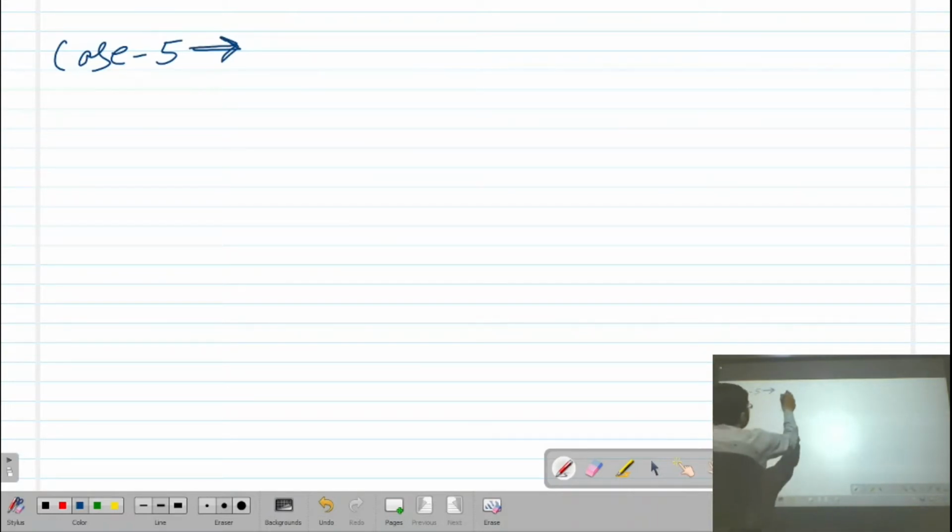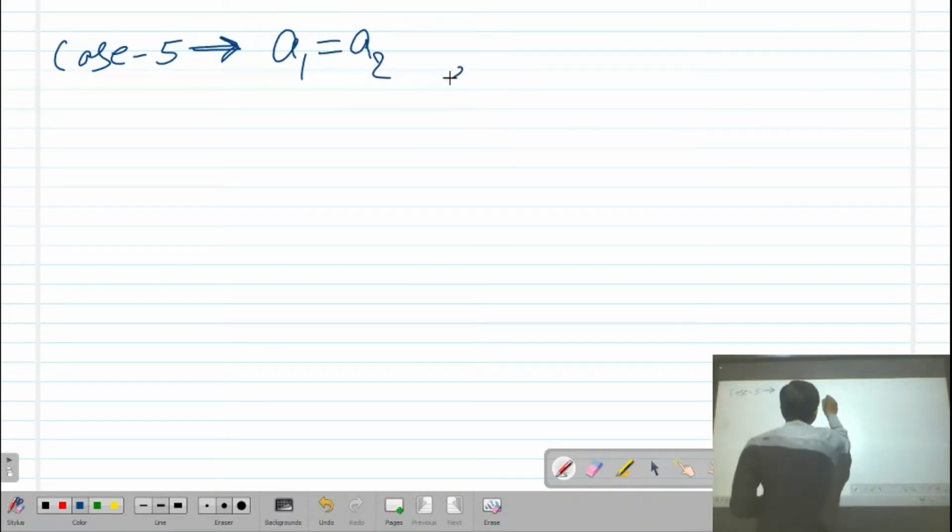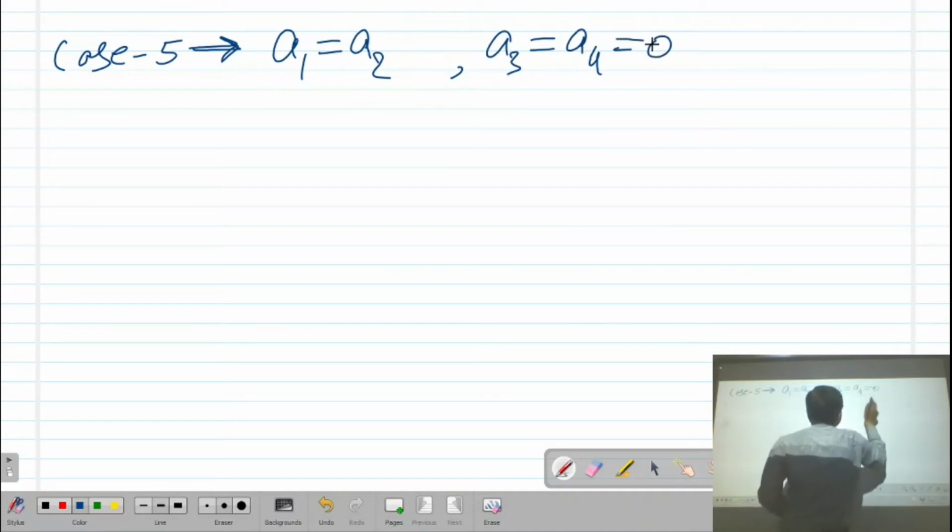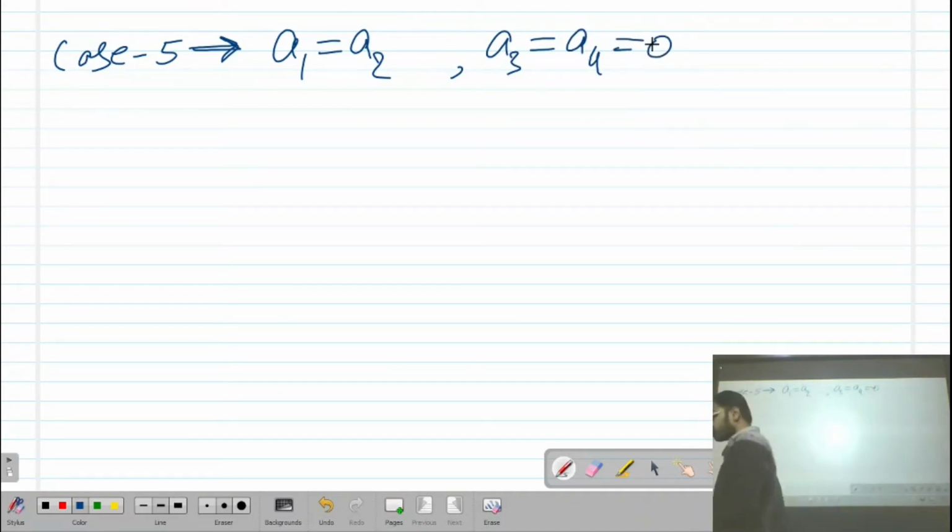Okay? Now we'll see the last case, that is case number 5, and we will have A1 equals A2, and A3 equals A4 equals 0. We are providing input to port 1 and port 2 and not providing input to port 3 and port 4.